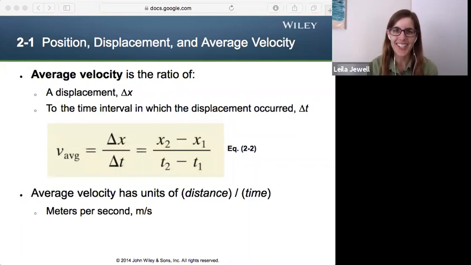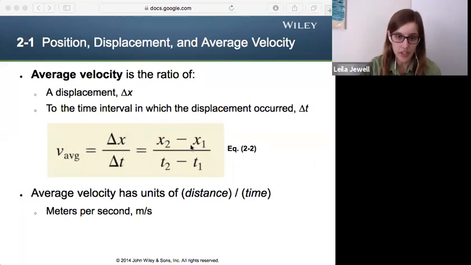Moving right along into average velocity, it's the ratio of displacement to the time interval at which that displacement occurred, delta t. So you can write our average velocity as delta x over delta t. Once again, it's just the endpoints here that we're worried about. If we want to pay attention to the units, which are really important to do, we can look at our units of displacement, and that's going to be that of distance, right?